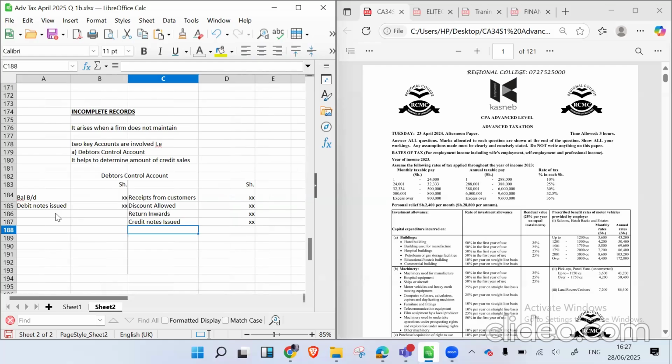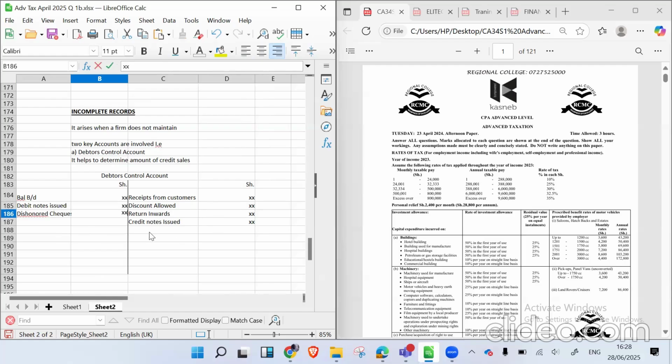And of course, the balancing figure. If we have dishonored cheques, customers had given us cheques, and dishonored cheques come here. If we have any dishonored cheques, it means when they gave us the cheques we recorded them here, but they have bounced, so we just reduce what we expected to receive.